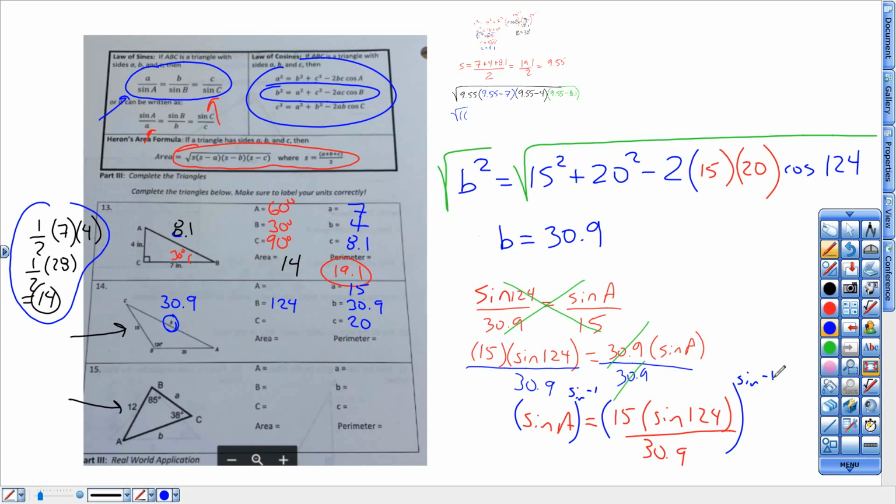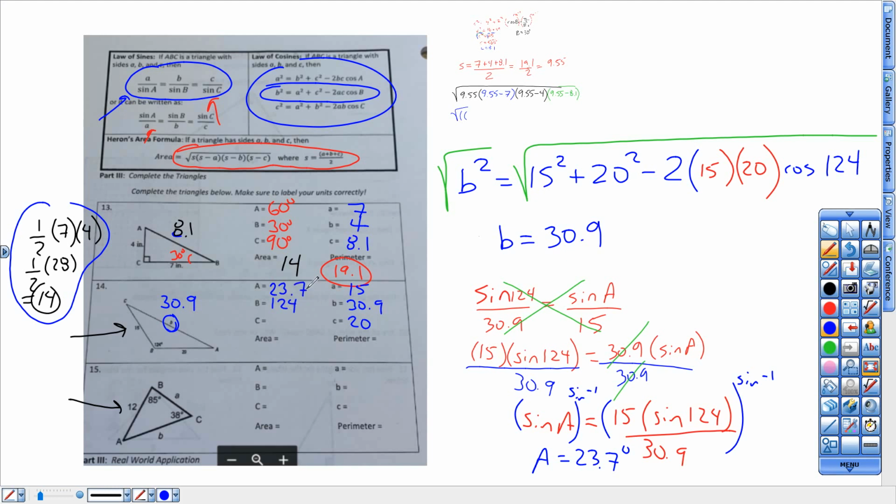Close that parenthesis, divided by 30.9. I get 23.7. So all that madness, now I have angle A is 23.7.